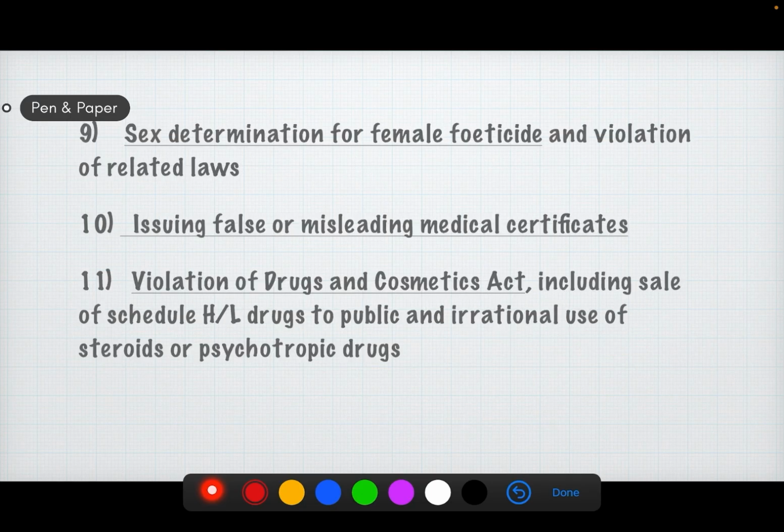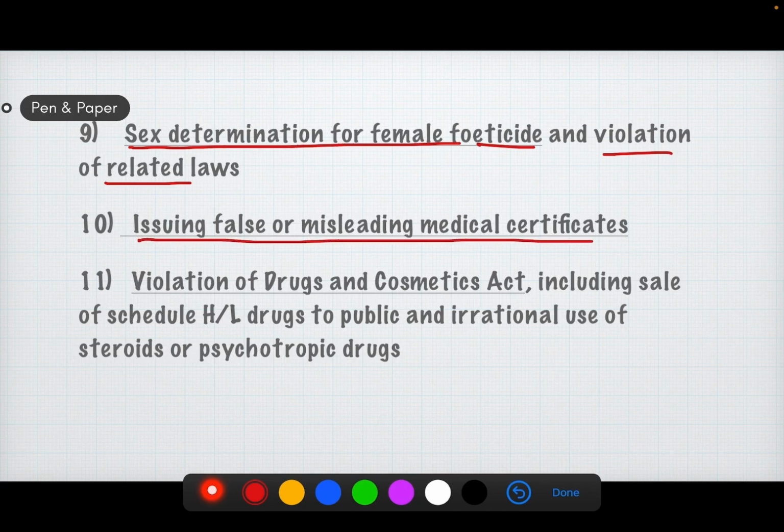Okay? Then ninth, sex determination for female feticide and violation of related laws. Issuing false or misleading medical certificates. Violation of Drugs and Cosmetics Act, including sale of Schedule H or L drugs to public and irrational use of steroids or psychotropic drugs.